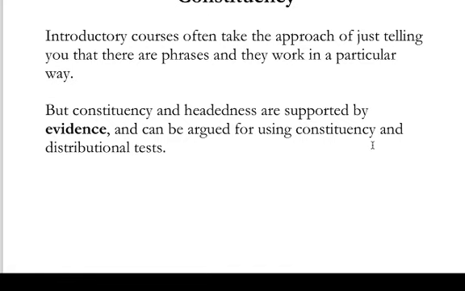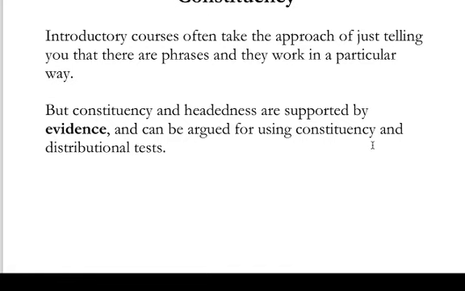Right? These are empirical arguments in syntactic theory, and you need to argue them using constituency and distributional tests. And what those tests usually take the form of in theoretical linguistics is just appealing to a native speaker's implicit knowledge about grammatical and ungrammatical sentences and relationships between sentences in their native language.